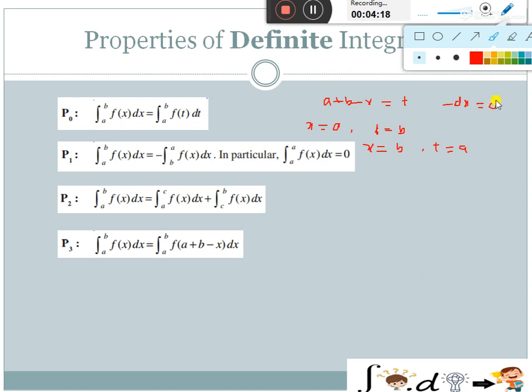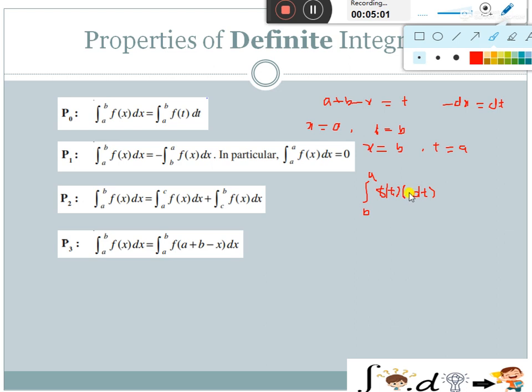Is it clear? सब्स्टिट्यूशन मेथड में ये स्टेप्स जरूरी होते हैं, इसको डिफरेंशिएट करना और लिमिट्स को चेंज करना। And therefore the right hand side becomes integral b to a, that is ft, because a plus b minus x is t, and ft minus dt, because dx is equal to minus dt. And now consume this negative sign.